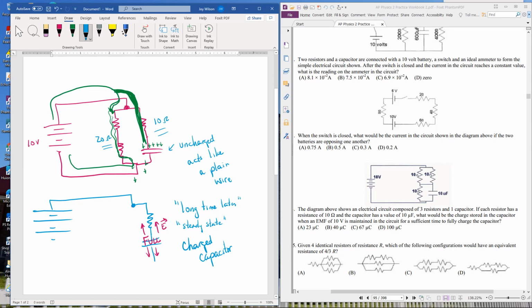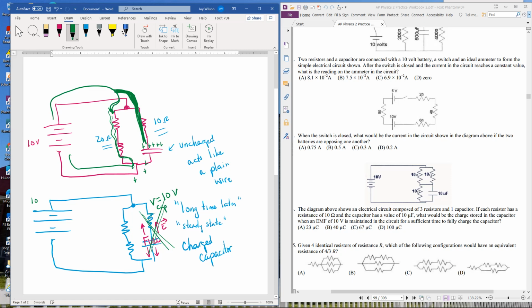On the other side of our loop, we've still got those two resistors, but this path will not take any charge because the capacitor is charged. There's nowhere to put charges, so this voltage equals the battery's voltage. Like if this is 10 volts, the voltage over here on the capacitor is now 10 volts.